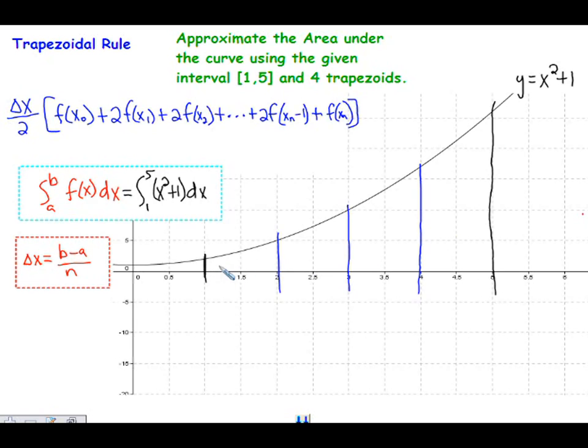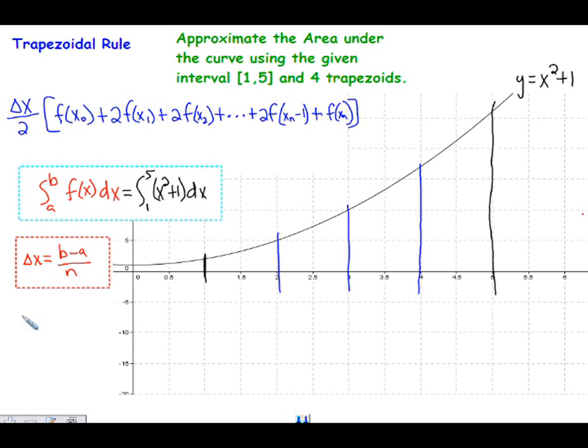Visually, you can see it here, and if we place a trapezoid here, trapezoid there, trapezoid there, trapezoid there, and we found the area of those trapezoids, that would give us this formula. So this formula is the sum of the areas of the trapezoids in these 4 locations. So n is the number of trapezoids that you're using.